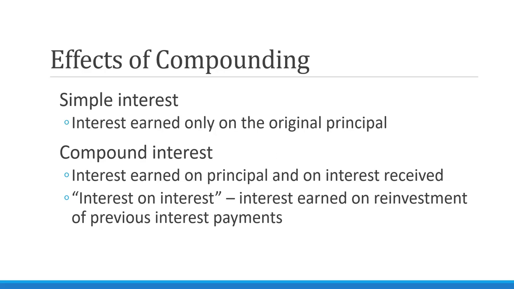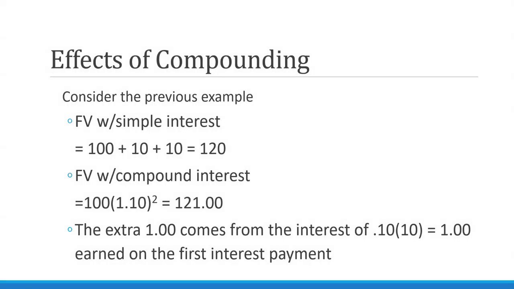If we had simple interest, then we would just earn $10 a year in interest on that principal amount. You want compounding interest because that gets you a higher amount of interest. Instead of earning on the principal of $100, for the second year you're earning on $110. We can see the effects of compounding when we go back to that previous example.